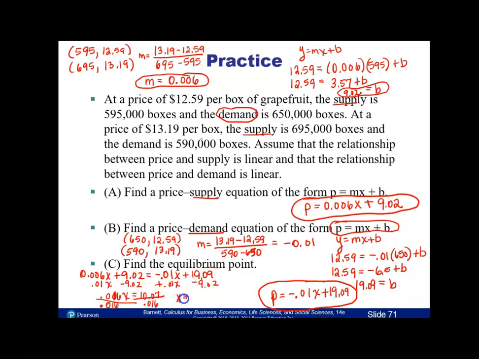And so X is going to be 629.375. That's the number of units that's going to equalize the price fluctuation there. You could also have found that on the calculator by putting this in for Y1, putting this in for Y2.